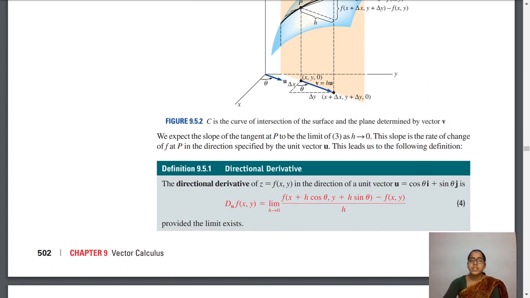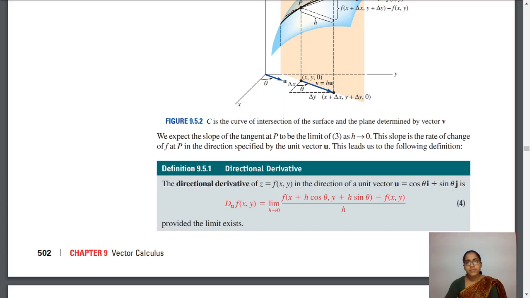The directional derivative of z equal to f of (x, y) in the direction of a unit vector u equal to cos theta i plus sin theta j is denoted by D_u. D_u of f of (x, y) equals limit h tends to 0 of f of (x plus h cos theta, y plus h sin theta) minus f of (x, y), divided by h, provided that this limit exists.